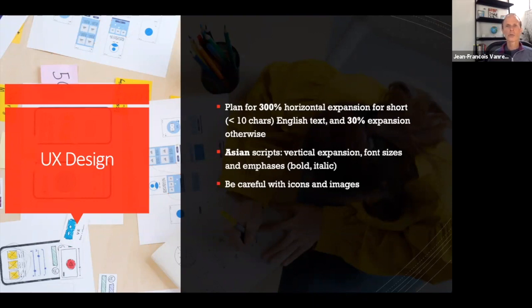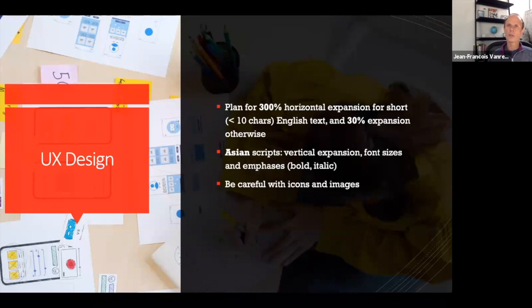Also, when you use bold and italic and this type of emphasis for your fonts, just be aware that this doesn't work in Asian languages. So these are things you have to consider when you develop your UI.